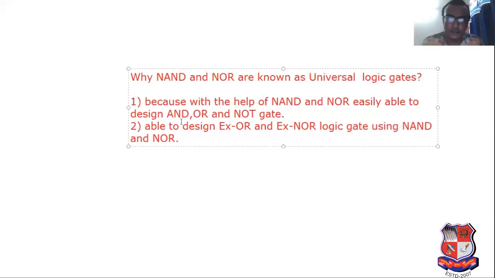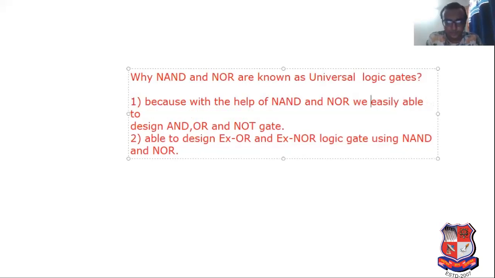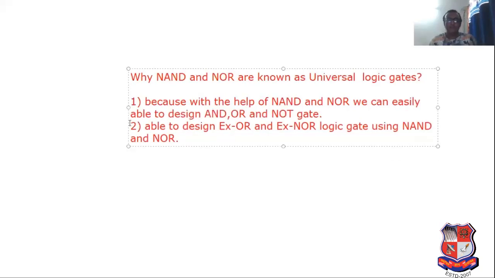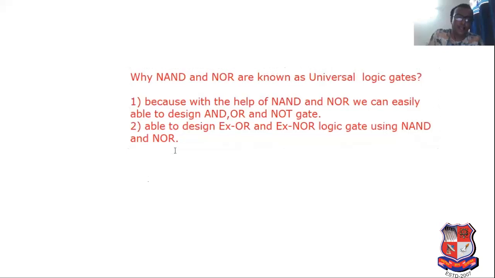So that's why NAND and NOR are known as universal logic gates.